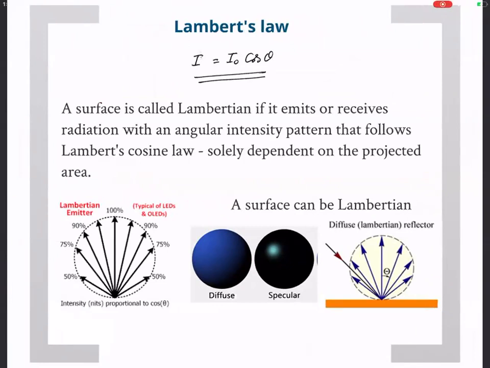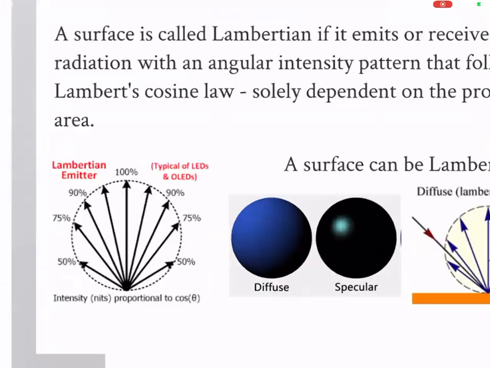Okay? Which simply says, a surface or source can be Lambertian if it emits or receives radiation with an angular intensity pattern that follows Lambert's cosine law, so it's solely dependent on the projected area. It's typically represented like the following.